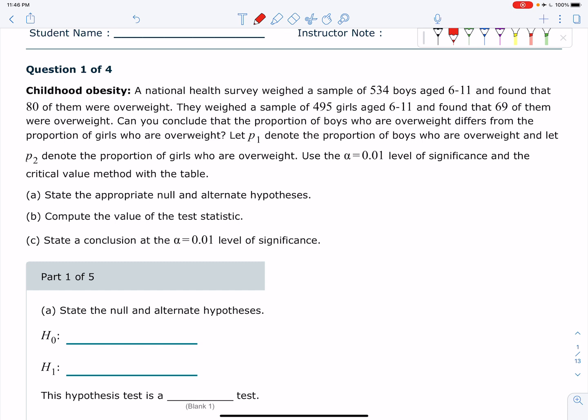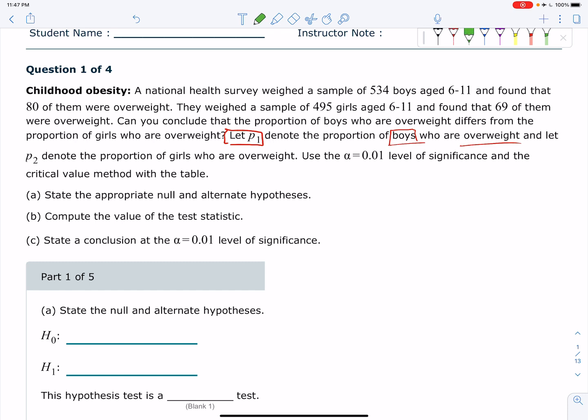this book and this program do a nice thing, and they define what the proportion from the first population is. And right here it is. I'm going to highlight that. Let P1 denote the proportion of boys who are overweight. So these are boys, the proportion of boys that are overweight.